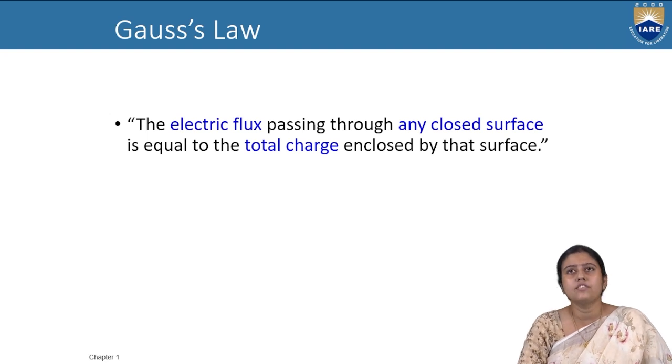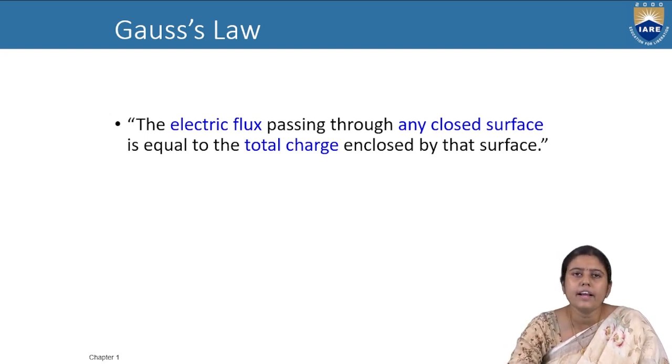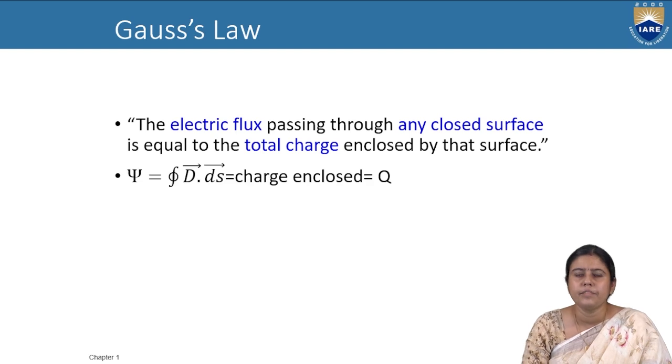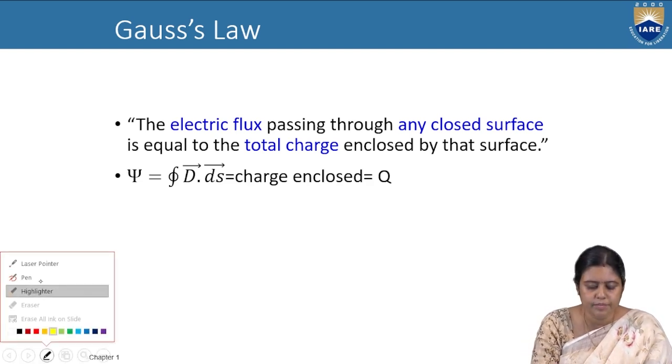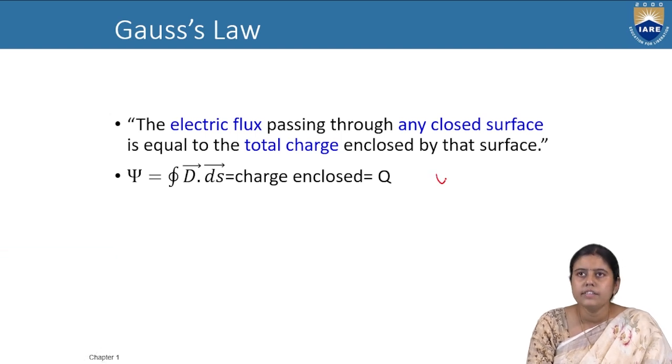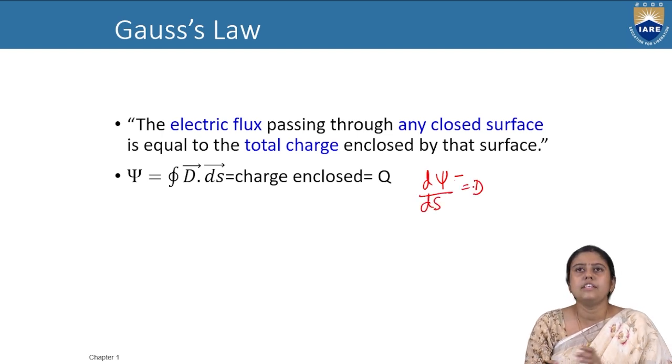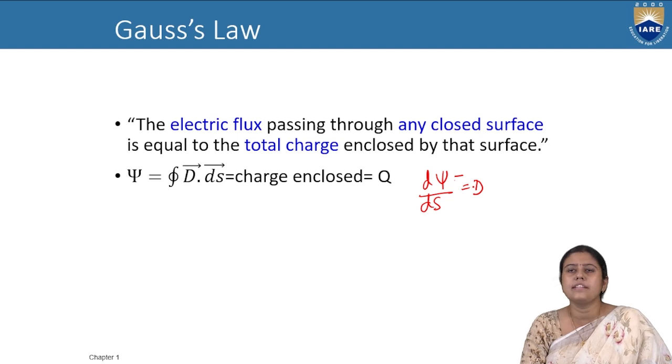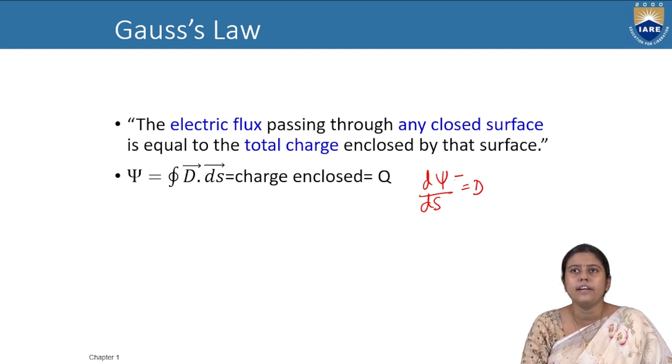Now, what is Gauss law? The electric flux passing through any closed surface is equal to the total charge enclosed by the surface. We have already discussed in the previous slide that the displacement density or flux density D is equal to d psi by dS.